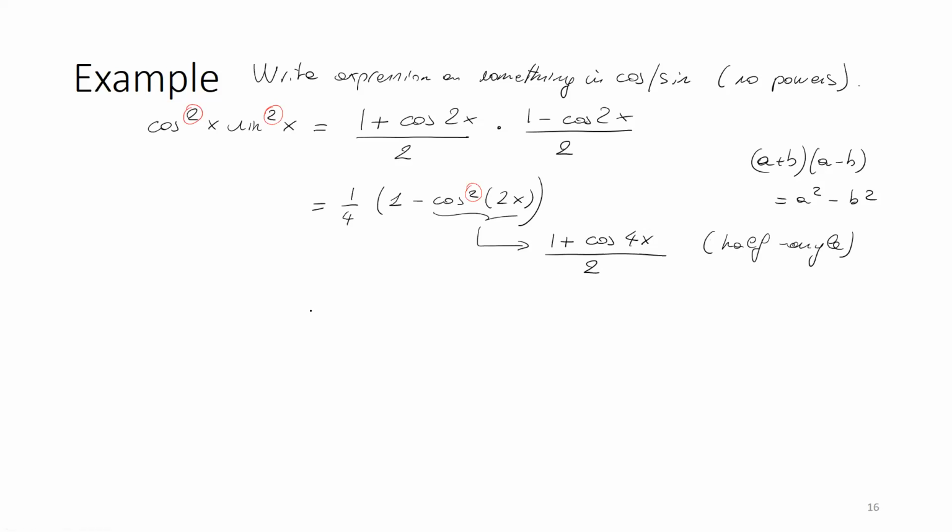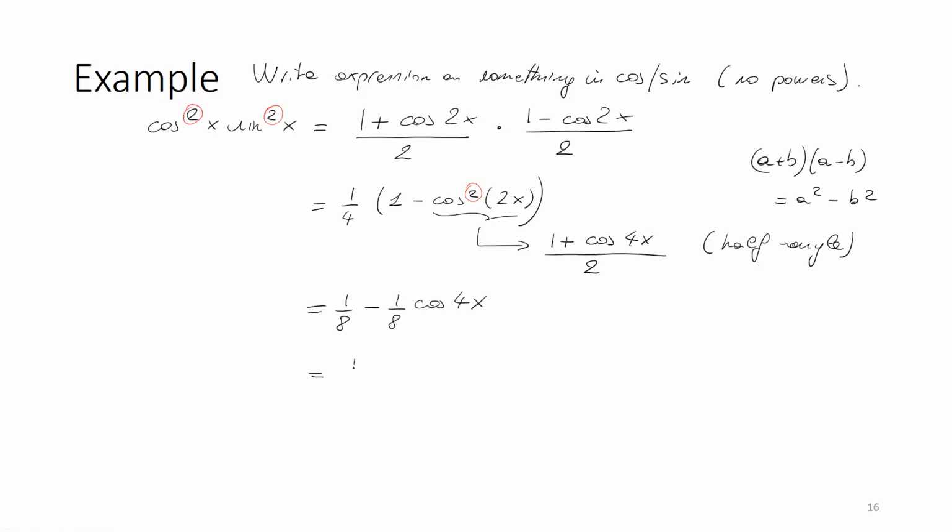And now let's clean that up a little bit. So I get 1/4 times 1/2, that's 1/8, minus, and then the cosine here is also divided by 2, so I get another 1/8 times cosine 4x.